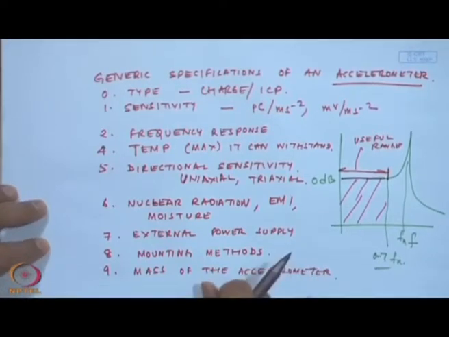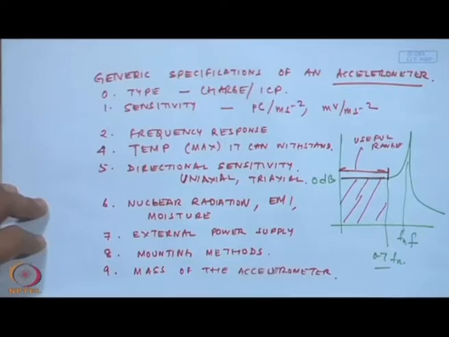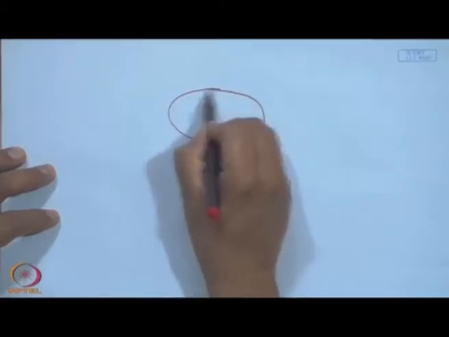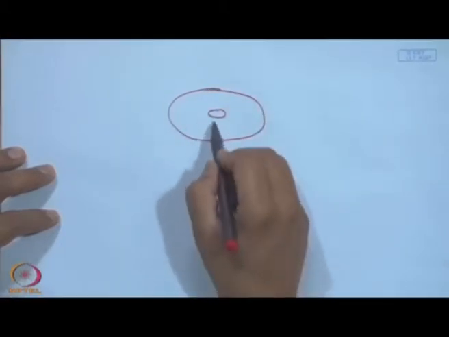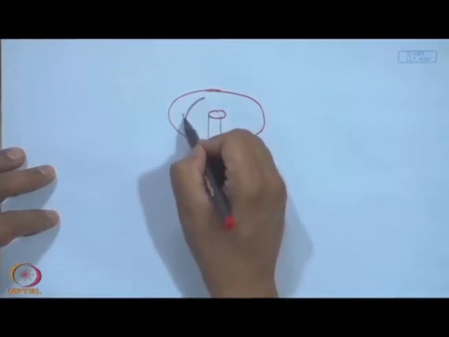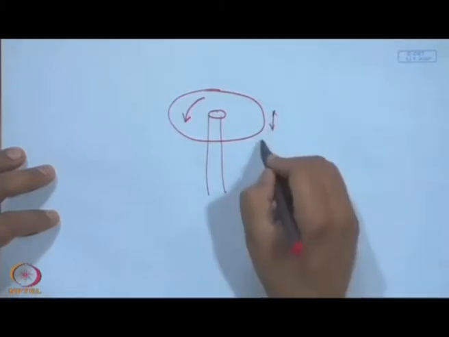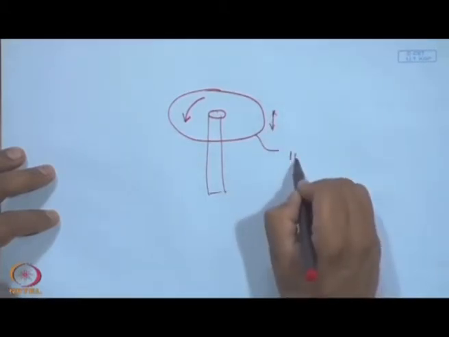Because as you know, vibration is a very important dynamic property of a system, and the dynamics of the system is going to change if the mass of the accelerometer is larger than the mass of the system whose vibration you are measuring. It is going to influence it. Imagine we have a very thin disk, which is rotating or having some sort of transverse motion, and this disk maybe weighs 100 gram.